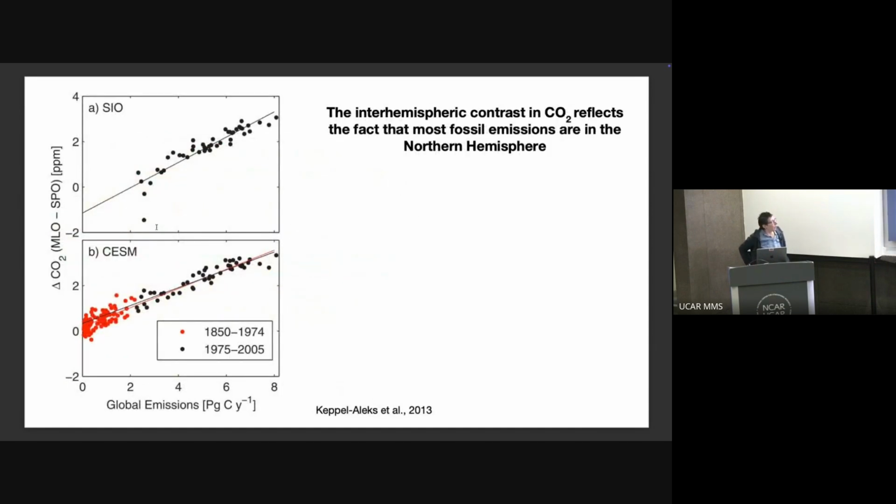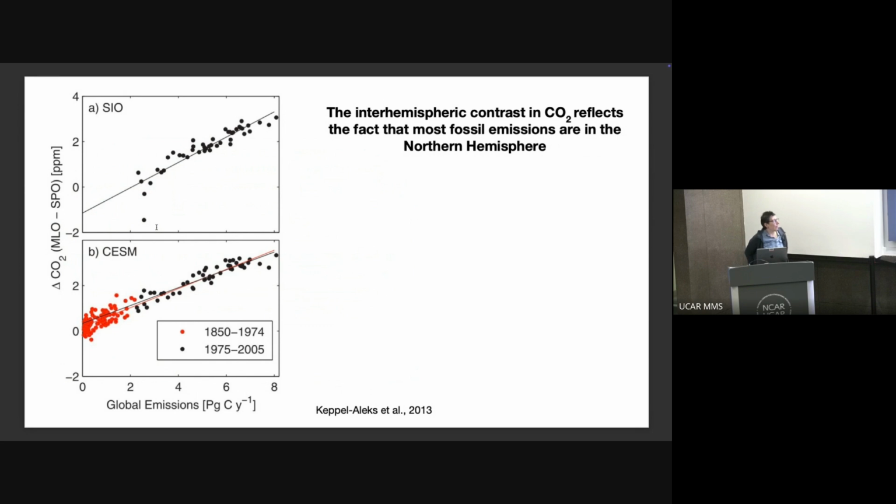And there are ways that we can use those types of variations to refine our understanding of how fluxes might be changing with time. So this is an example from an old paper that I wrote, where in both the observations on top and in CESM1 on the bottom, you can look at the contrast between CO2 observed or simulated at Mauna Loa and the South Pole.